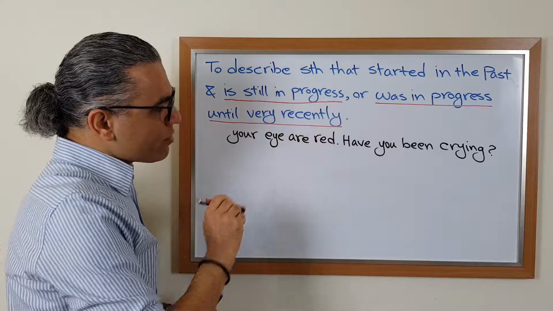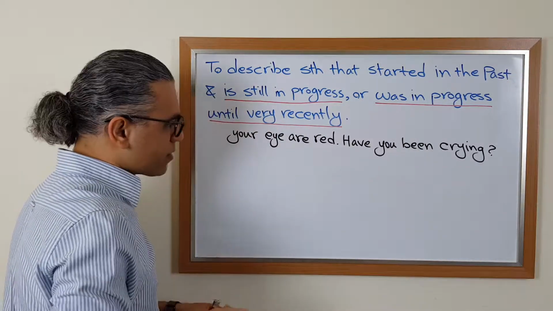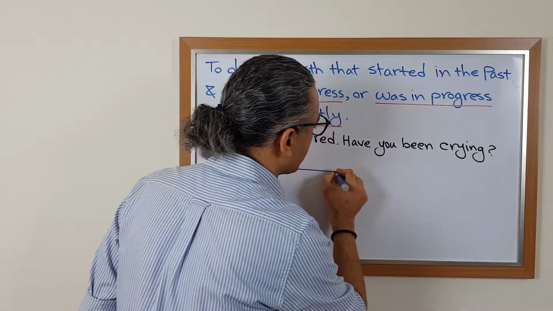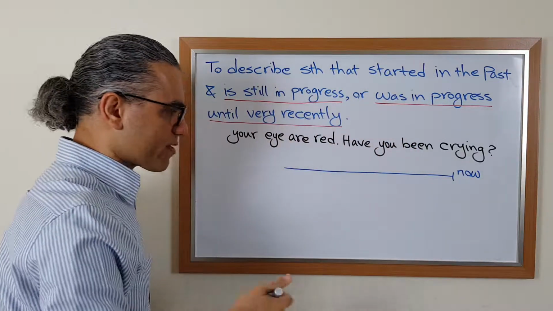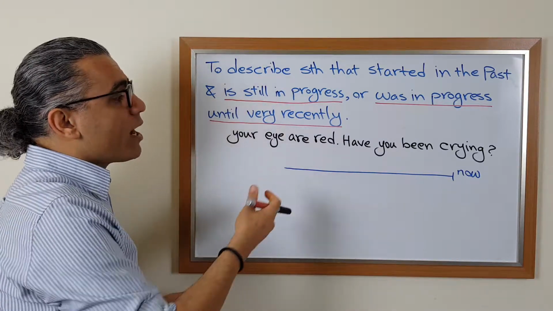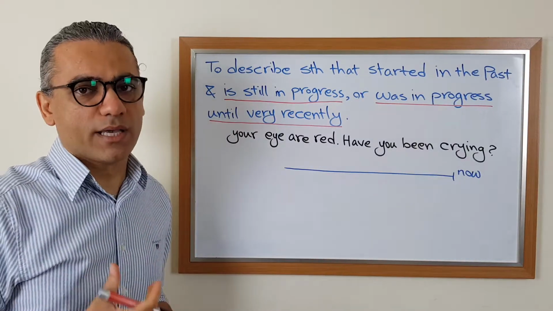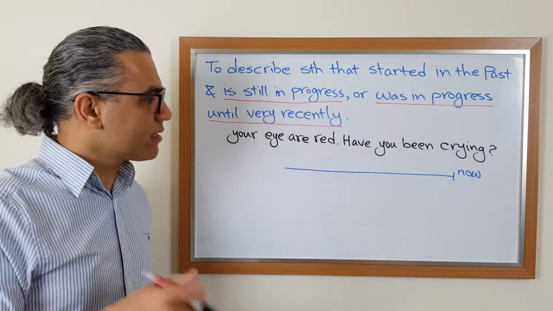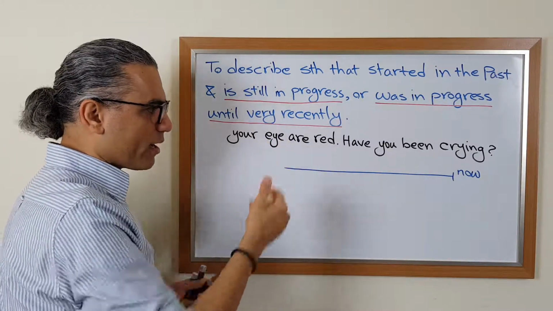So let me show you this example on a timeline. Let's say this is the timeline for this one, and this is now or the present time. It says, your eyes are red. Have you been crying? It means that person is not crying anymore. We only can see the sign of crying or probable crying, the red eyes.